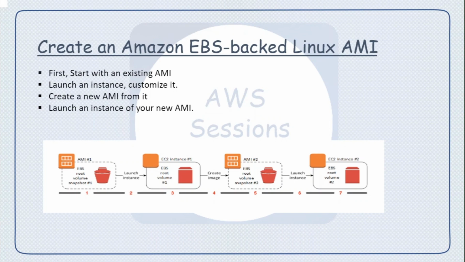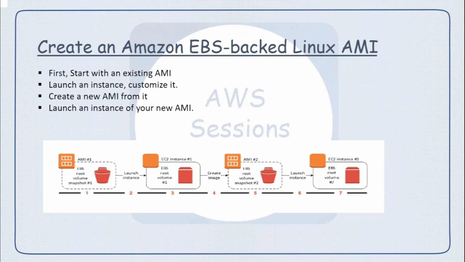So if we have an EBS backed Linux AMI, suppose you have an instance running with EBS backed, then the way you can create the AMI is very straightforward. You can just first of all start an instance with the existing AMI that will be EBS backed. You can configure that instance as per your requirement. You can install some software or keep some files as per your requirement.